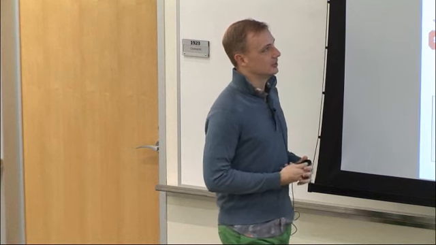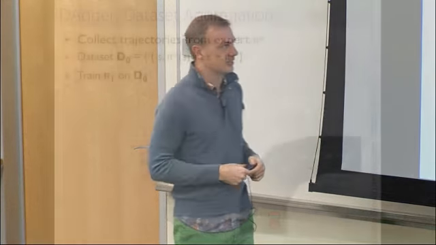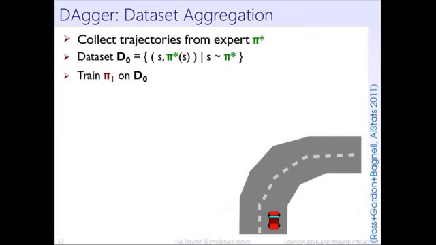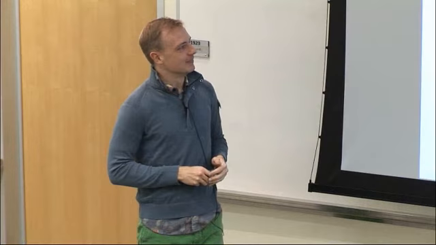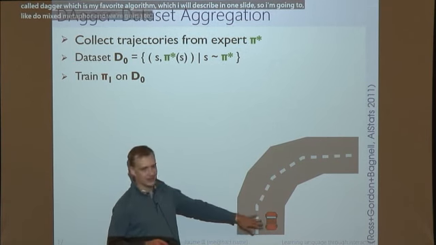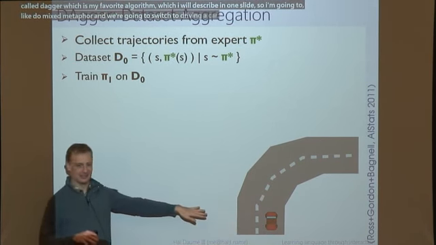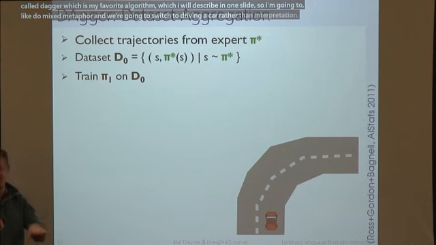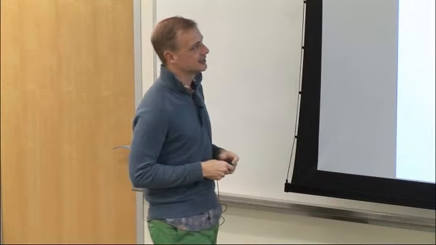Then the question is, how do you train this thing? At least initially, we're going to train it using an algorithm called Dagger, which is my favorite algorithm, which I will describe in one slide. I'm going to do a mixed metaphor, and we're going to switch to driving a car rather than interpretation, but it's exactly the same. You're in some world and you're trying to choose actions. How does the algorithm work?